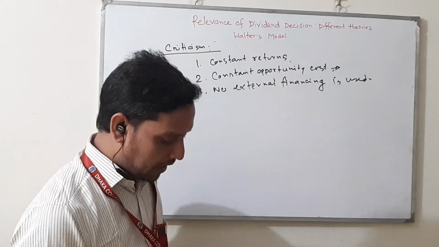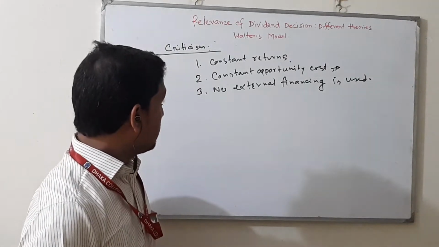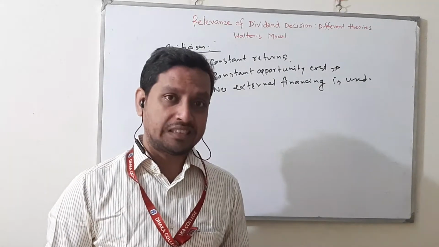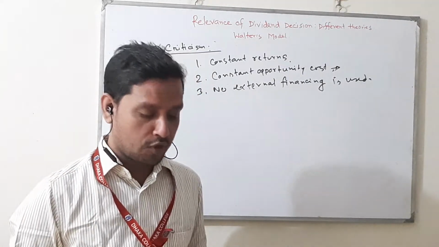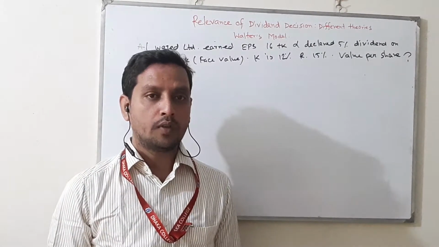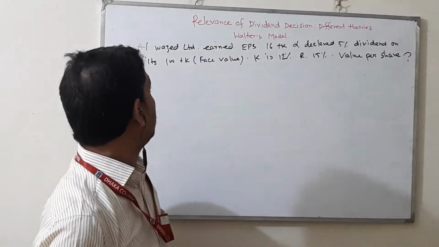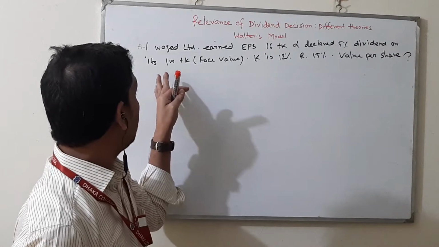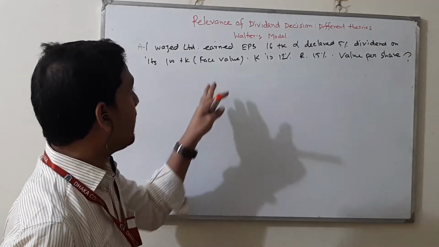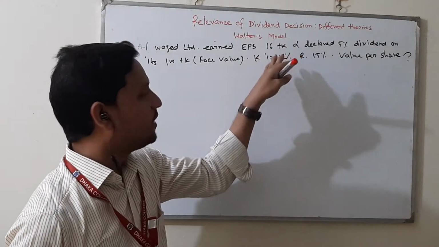Okay, dear students, at present we are solving a maths about Walter's model. So we solve a maths. Al Wajid Limited earning per share 16 taka.